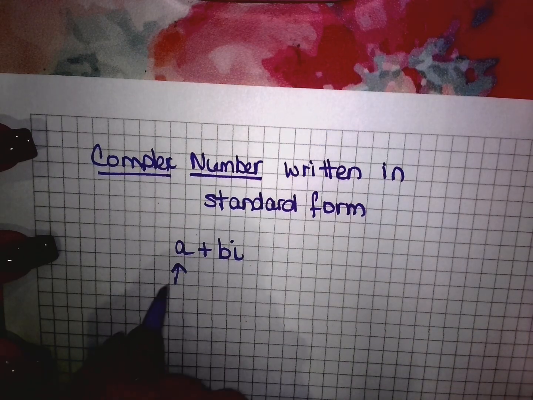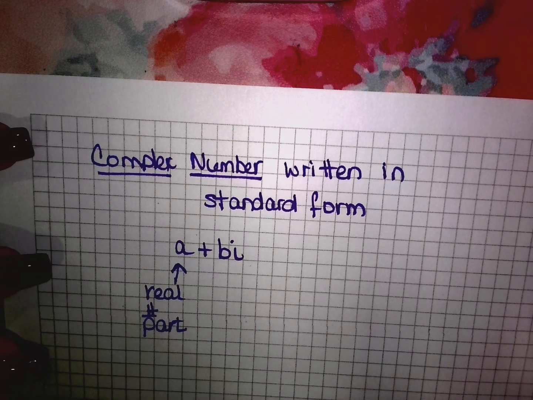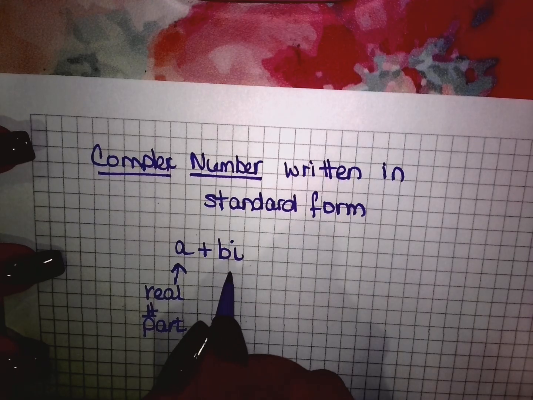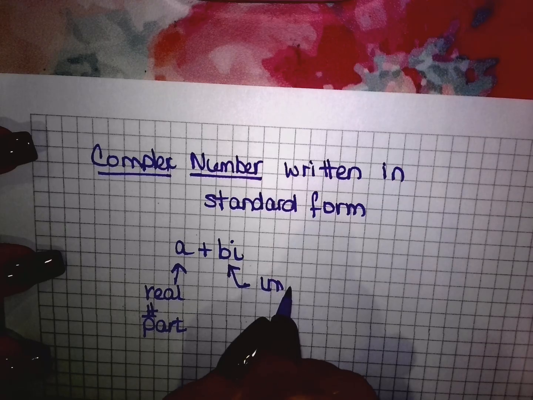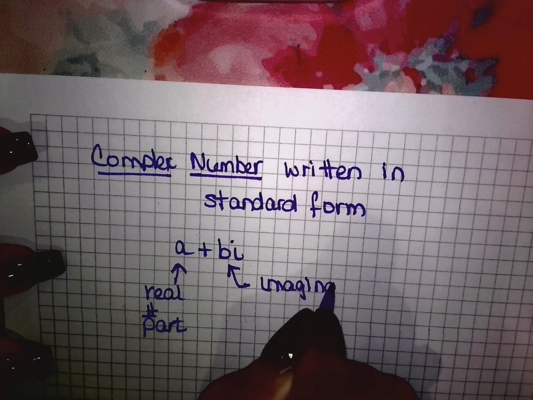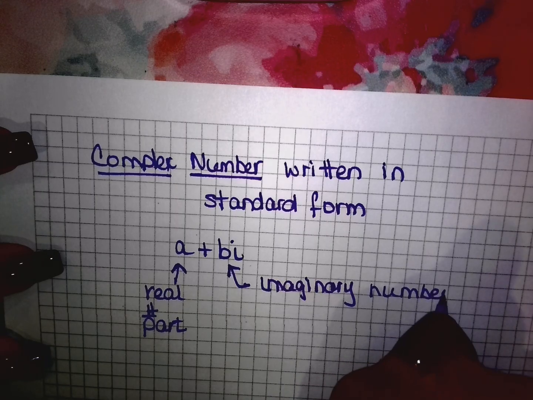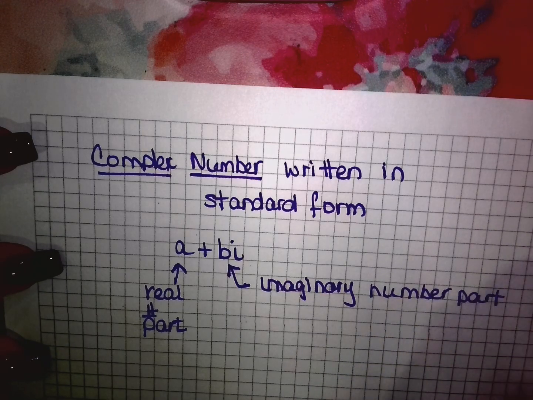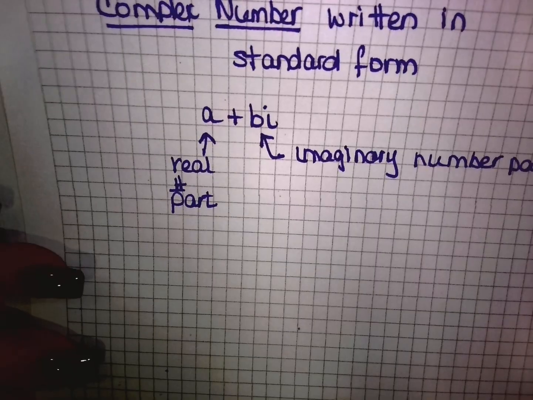This a is the real number part. And we're familiar with real numbers. That's what we've been dealing with all our lives. And then this bi is the imaginary number part.